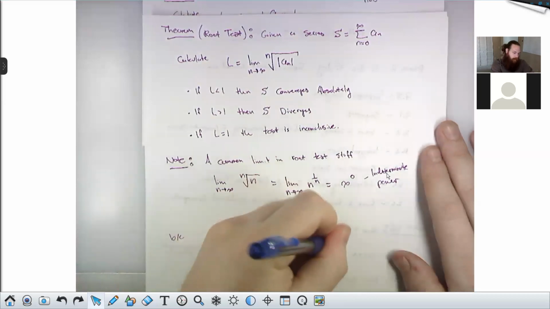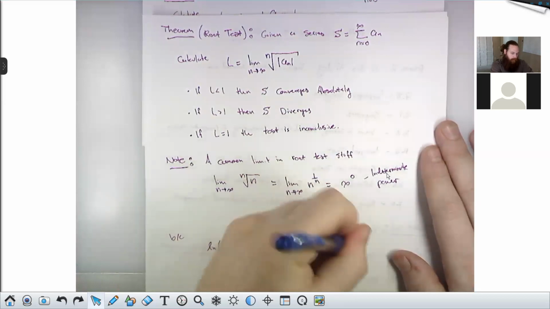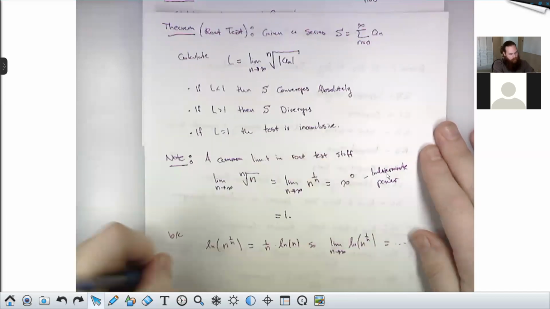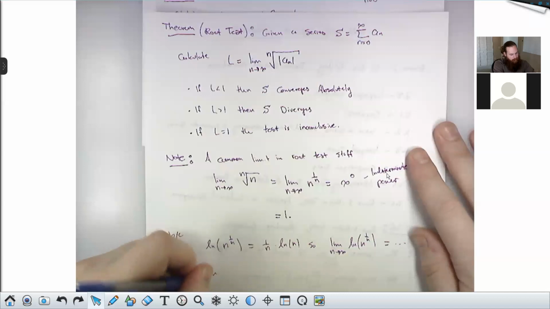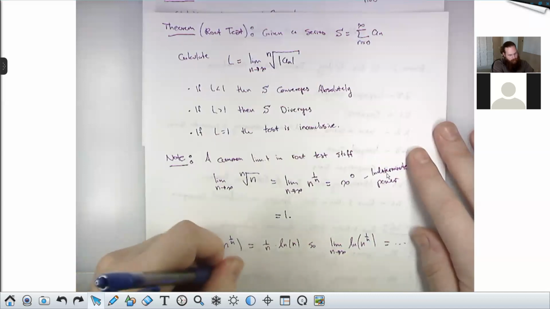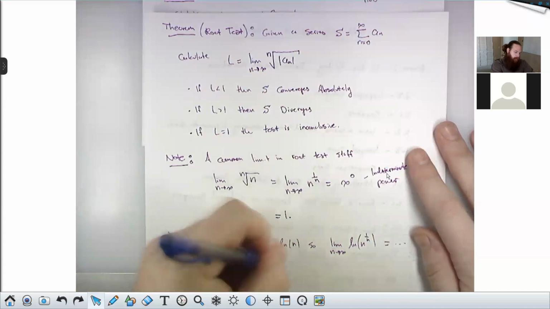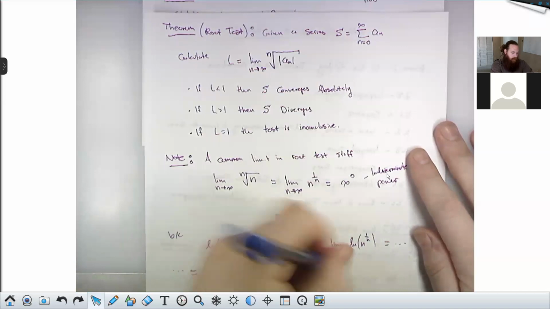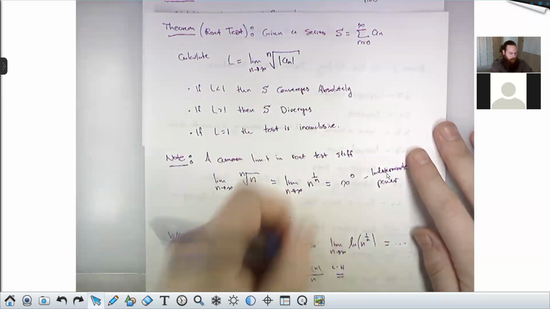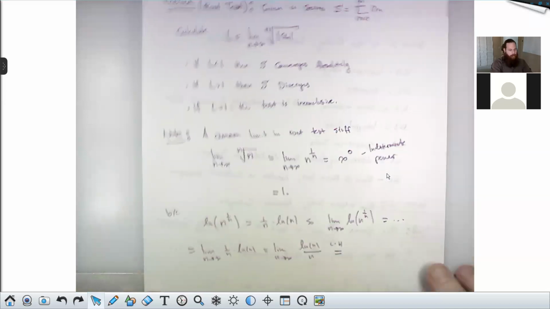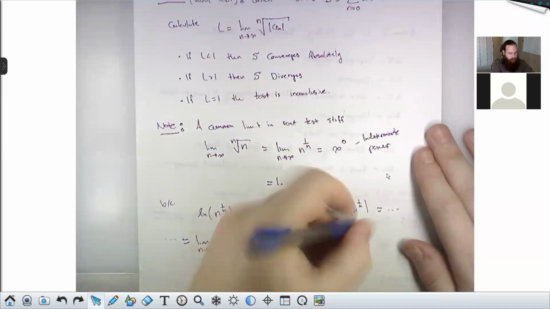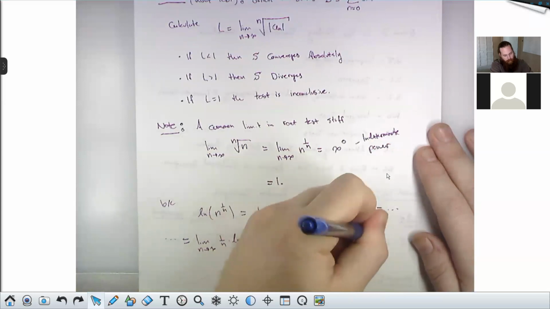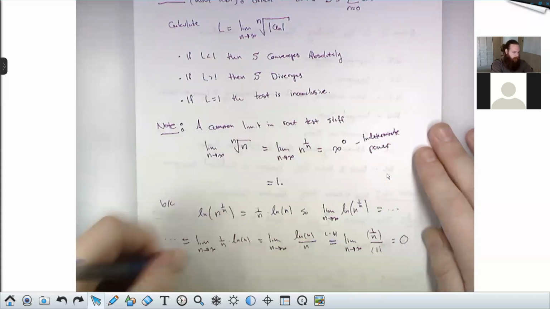So the limit as n goes to infinity of ln of n to the 1 over n equals the limit of 1 over n times log n, which is the limit of log n over n, which by L'Hopital's rule, right? Because if you plug in infinity, the top and bottom both go to infinity, so you can use L'Hopital's rule. This is the limit of 1 over n divided by 1, which is 0.